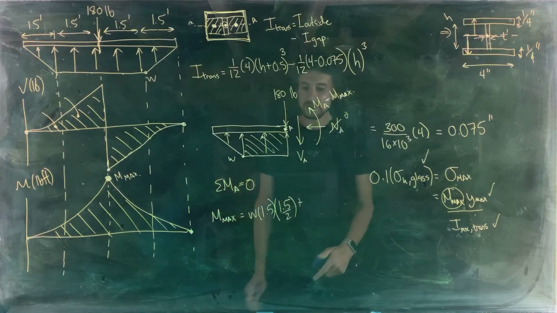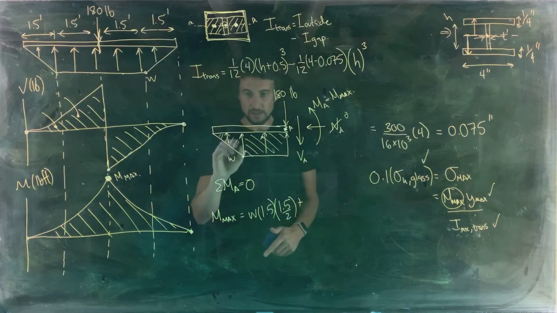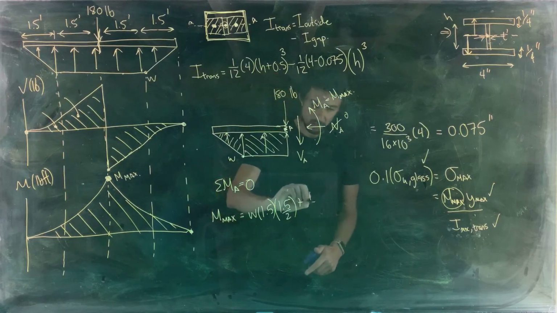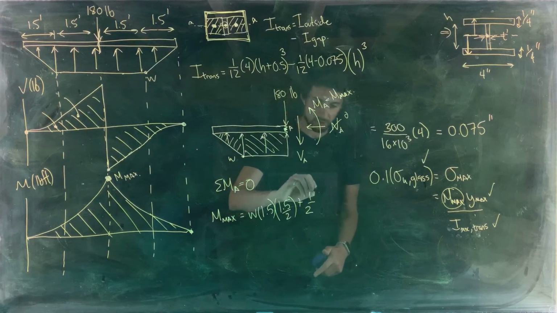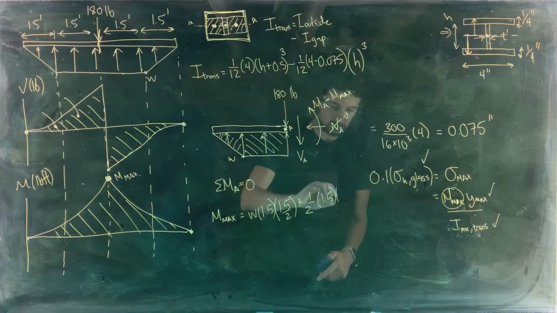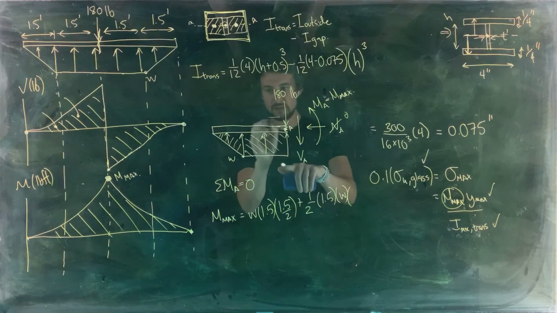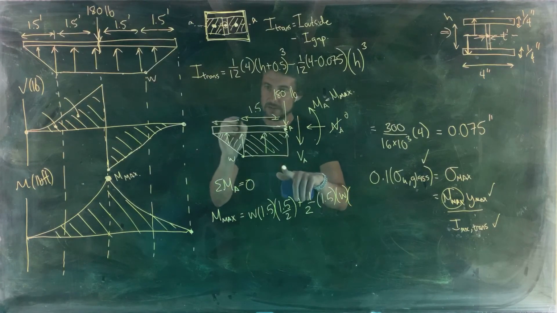And then plus the moment created by the load in this piece of the resultant load here. So that's going to be, for a resultant, 1/2 of the base, which was 1.5 feet, multiplied by the height, which is W, multiplied by the moment arm, which is, this is 1.5, this is 1.5.